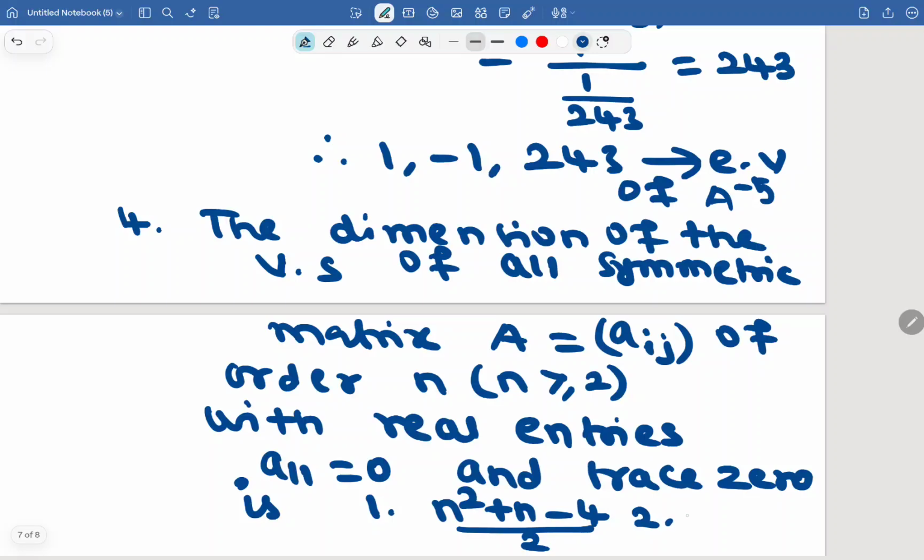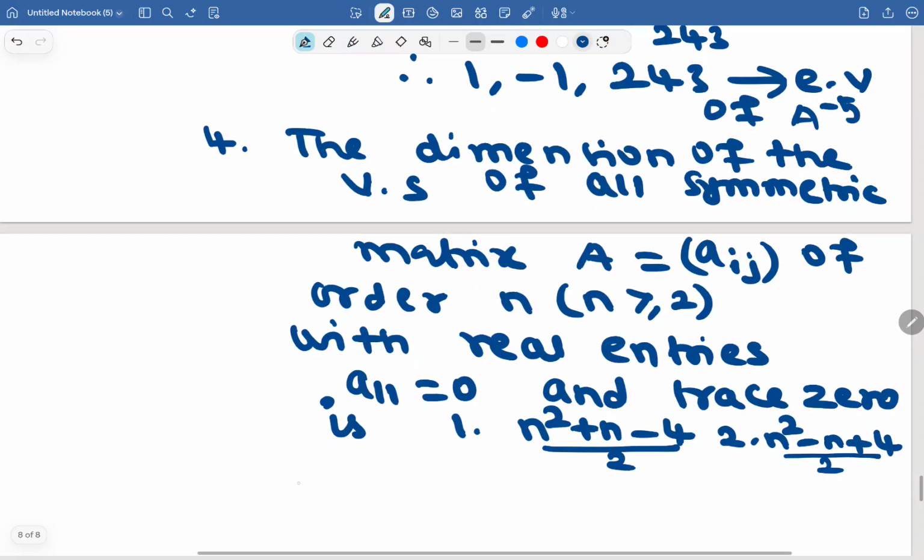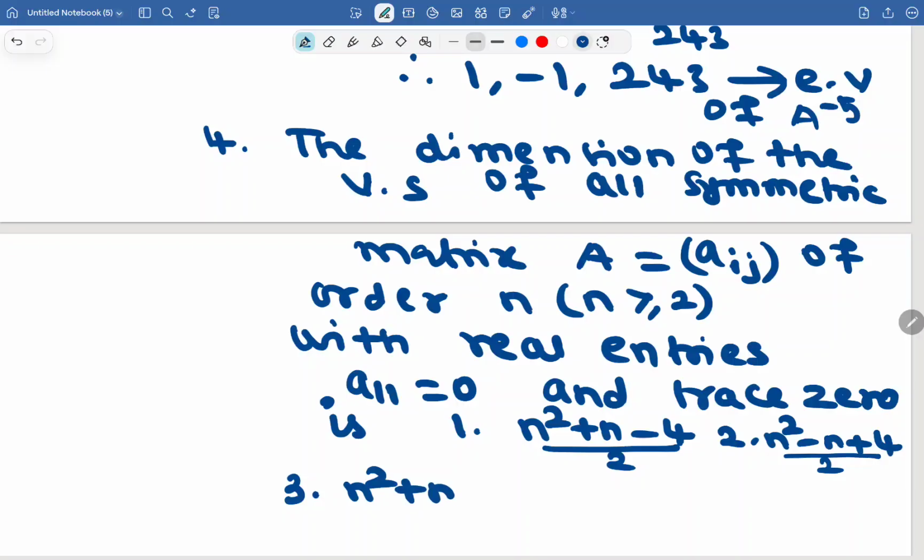Second option, n square minus n plus 4 by 2. Third option, n square plus n minus 3 by 2. Fourth one, n square minus n plus 3 by 2.